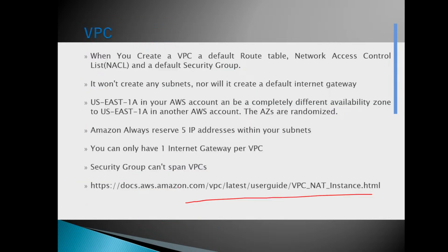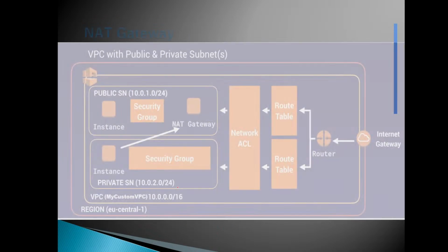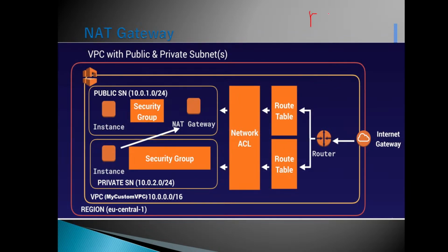If I want to block a single IP address, let's say this is a server which is trying to hamper my application, and let's say the IP is 192 dot something something 1.1.1, in security group I don't have a provision to block an IP address. It only allows the IP address. But through NACL you can block the IP address.